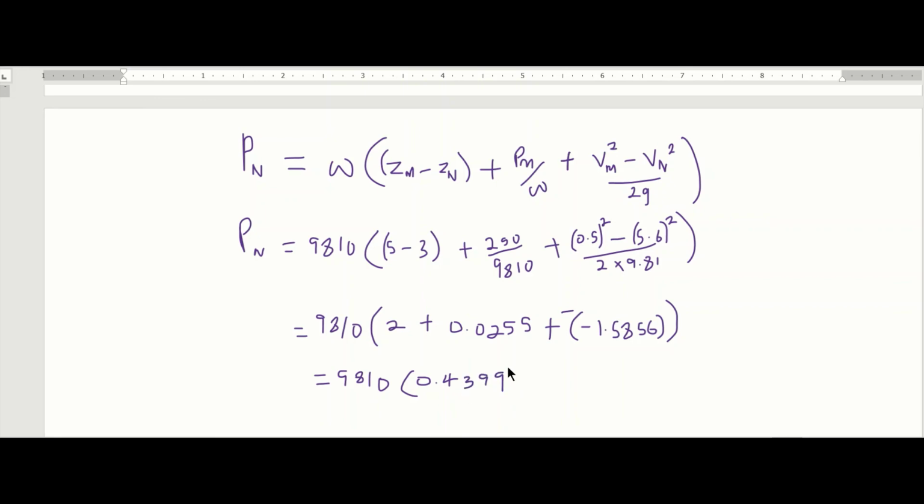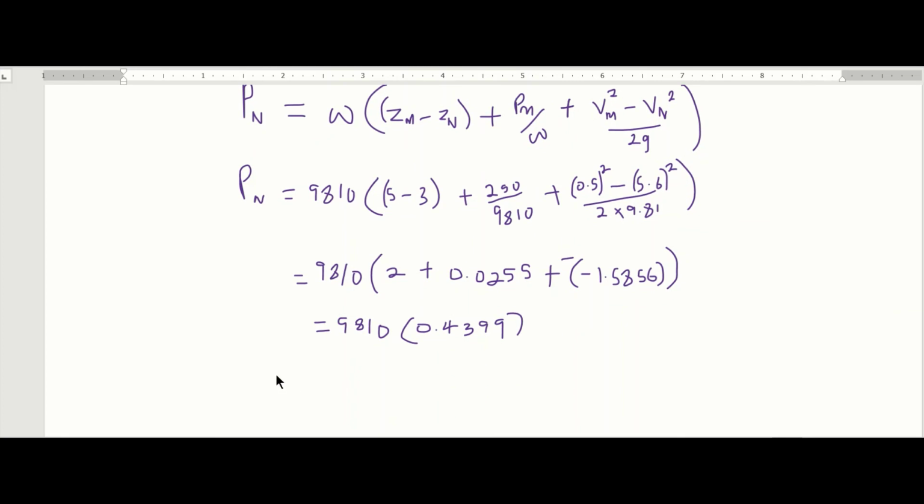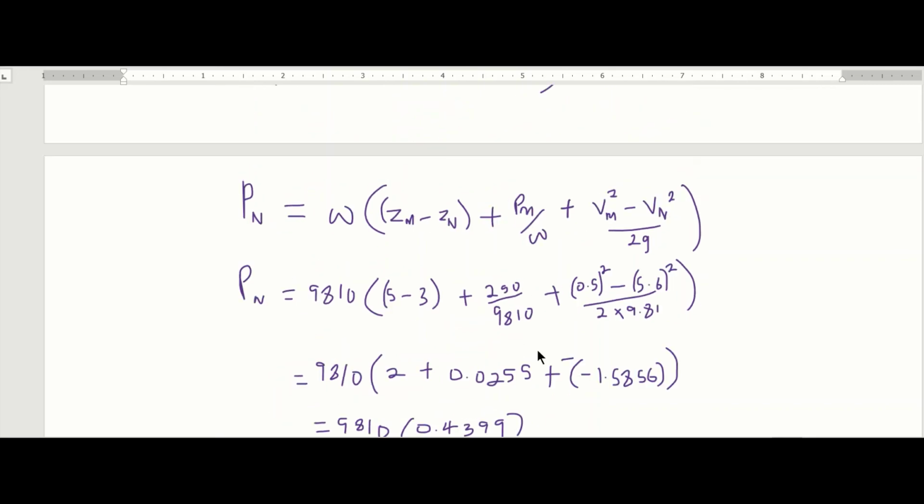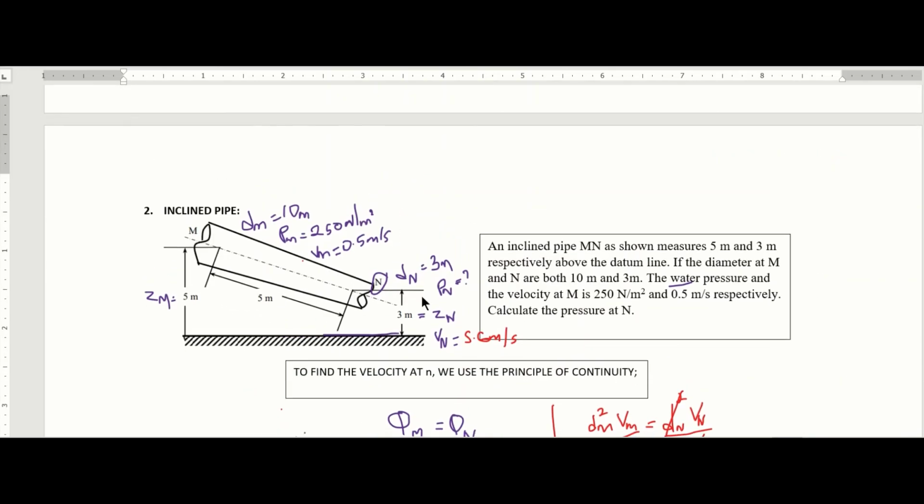So therefore our pressure at N is 9810 times 0.4399, that gives us 4315.4 Newton per meters squared. So this is our final answer for the pressure at N.